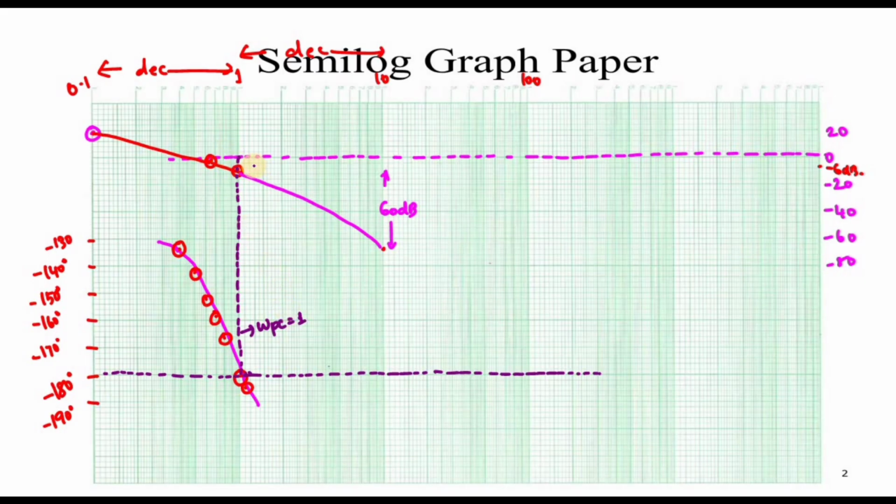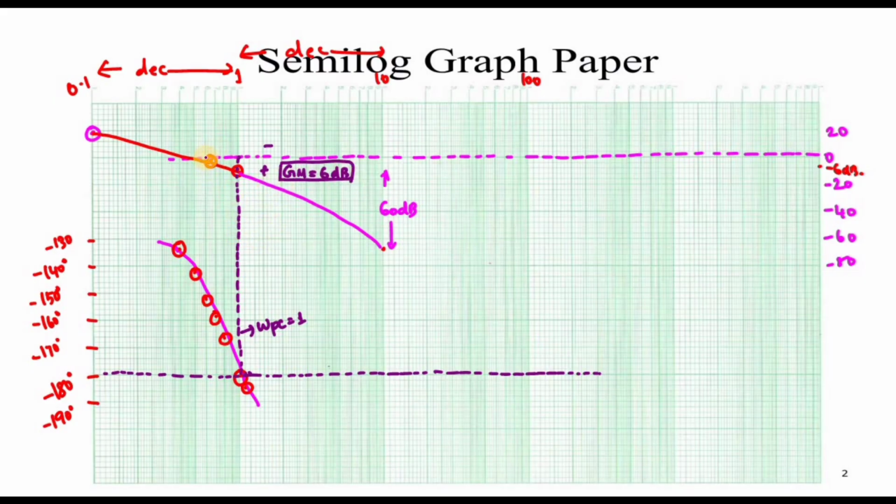Here you can see the gain margin. This is minus and this is plus. If I want to find the gain margin, the gain margin of this one is 6 dB. Since it is below 0 dB, you have to take it as plus. So the gain margin is 6 dB.